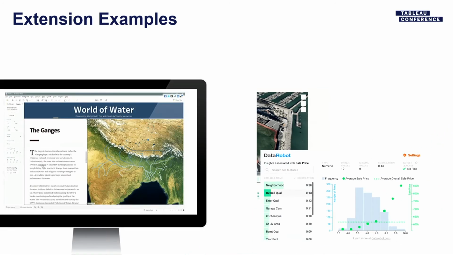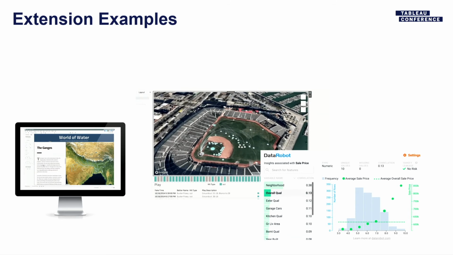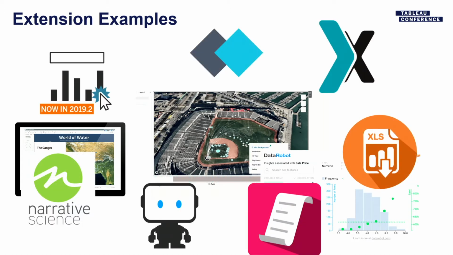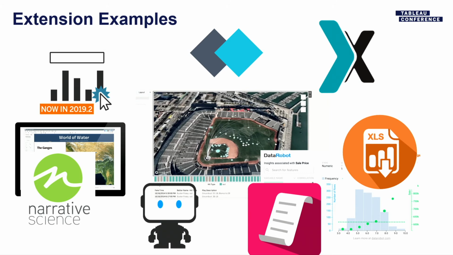We have so many extensions in our gallery currently, and among those are everything from data analysis to integrated AI solutions where you are sending your data off, and a third-party service is processing them for natural language generation and write back and all sorts of awesome things.